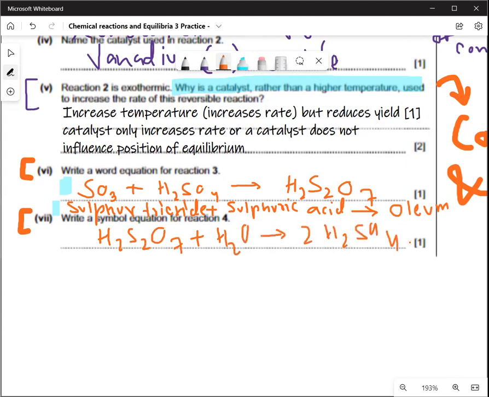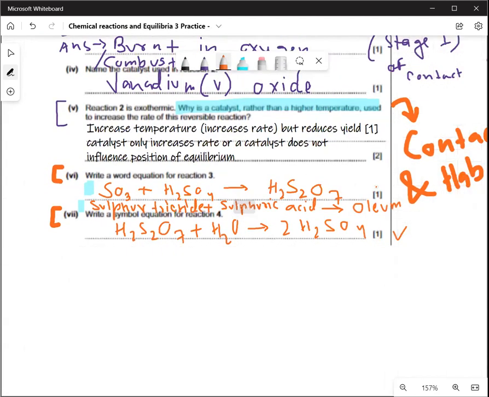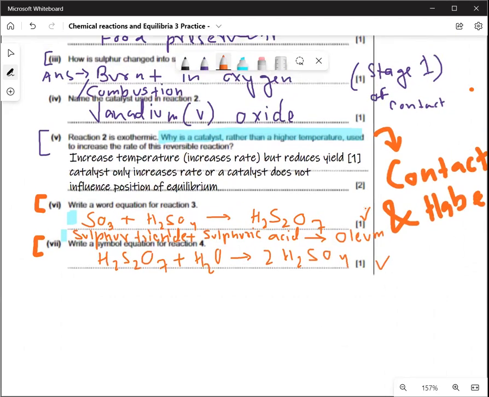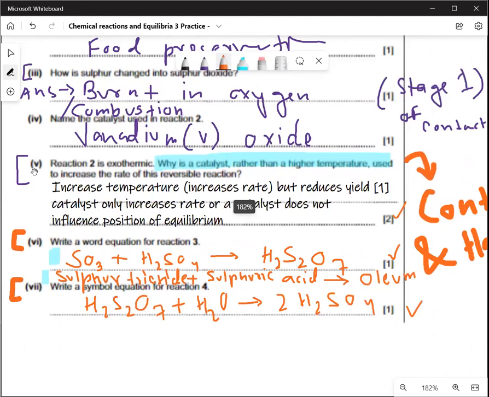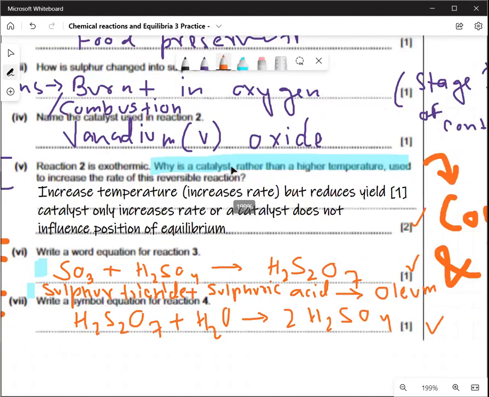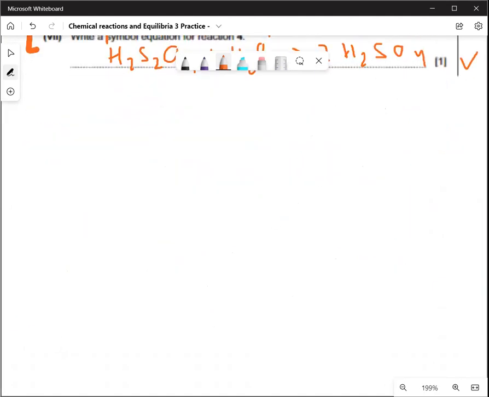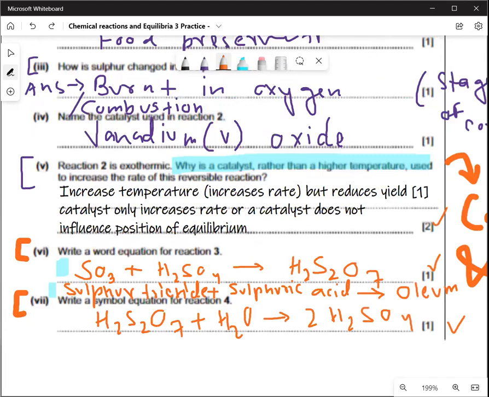Yeah, that's correct. So you get the mark. Good job. So all of these are correct now. The only thing you got wrong here was the fifth one, but we have done that already. I'll just show you where I wrote this for the other reactions as well.